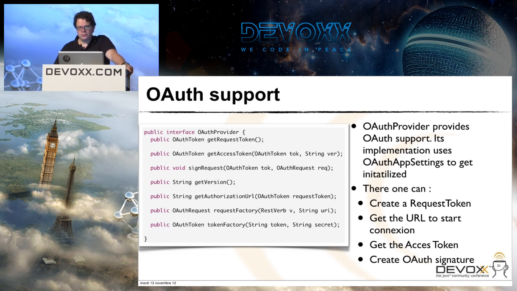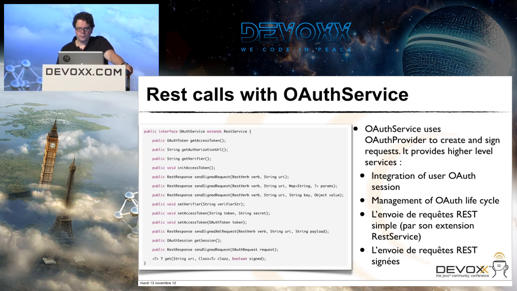So we will use the OAuth provider, for instance, to get the URL to start the connection, to start the dance, get the access token, and create the OAuth signature. So as I said at the beginning, all the calls that will be made to the social media will be issued by the OAuth service class.